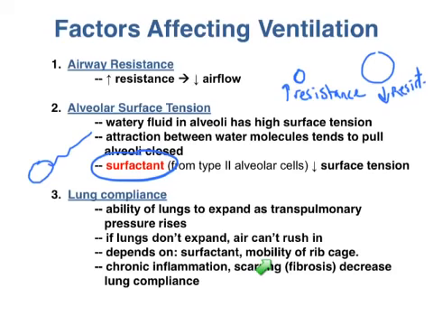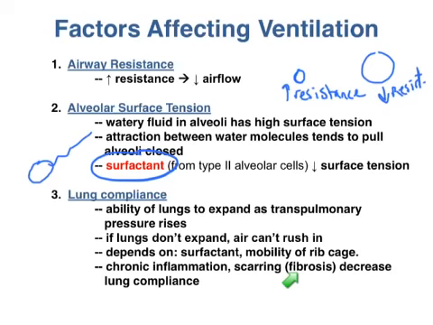Also, chronic conditions, like chronic inflammation of the lung or scarring of the lungs, called pulmonary fibrosis, can also decrease lung compliance. If you replace some of that nice, flexible, expandable lung tissue with scar tissue, the scar tissue tends to be bound together more tightly, and it impairs expansion of the lungs.